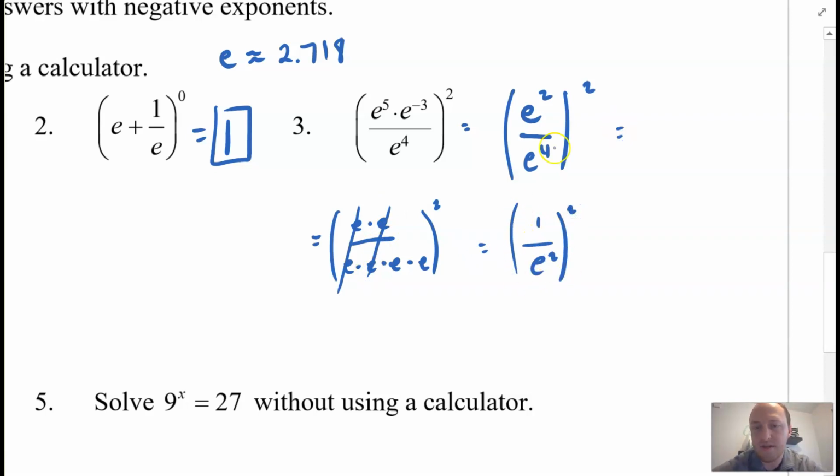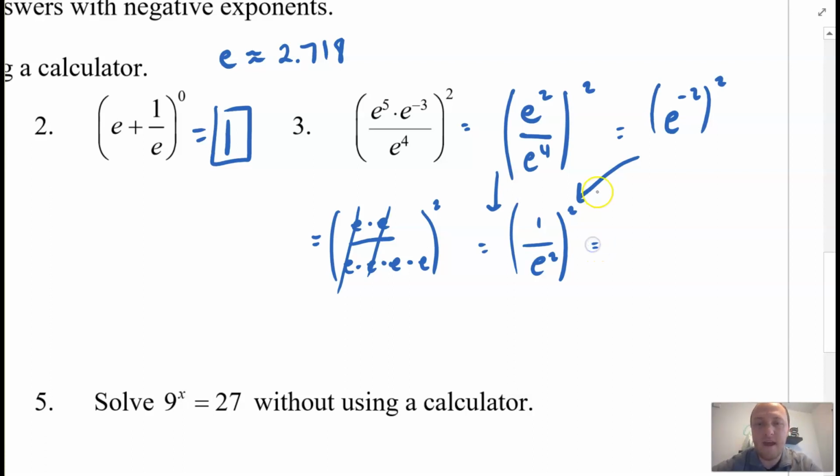But another way of thinking about this is if you're dividing the same base, you subtract those exponents. So that is e to the power of -2 squared, which if we utilize our negative exponent property, we get that there, okay? So either way is fine. I think this way is easier to utilize.